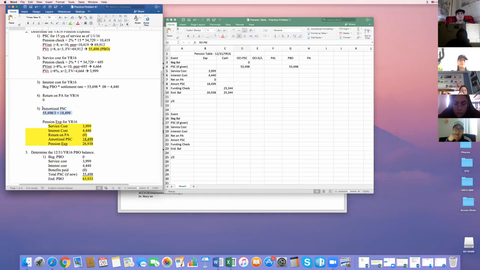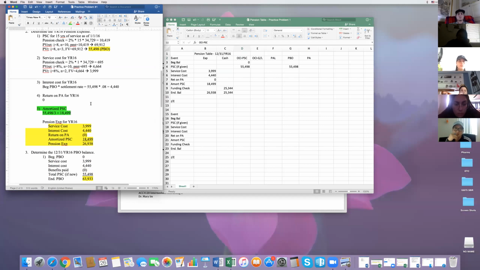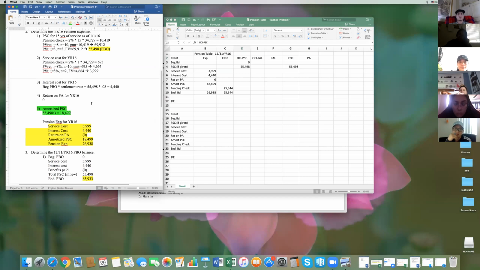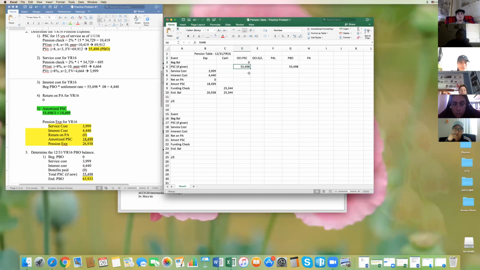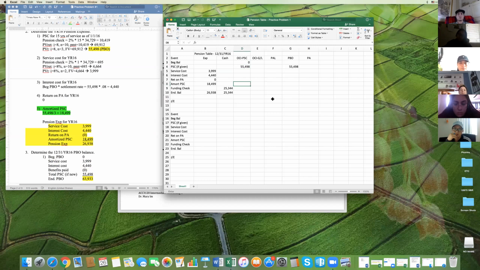Amortized prior service cost, in the Word document right here, per year we calculated that to be $18,499. That is to reduce this unamortized balance per year by $18,499.